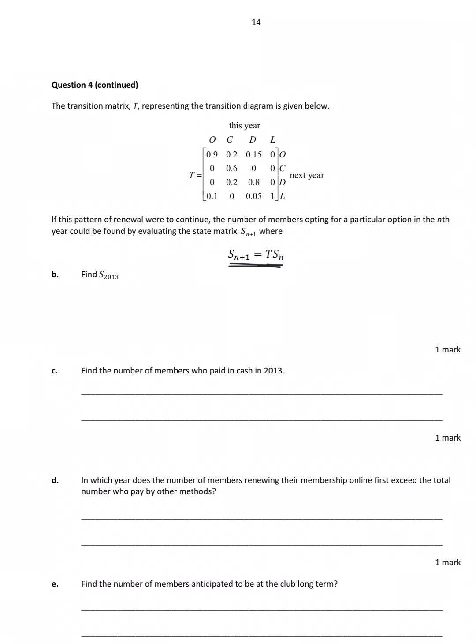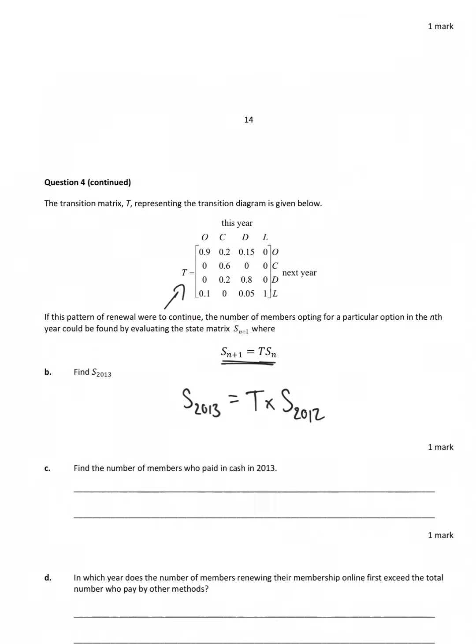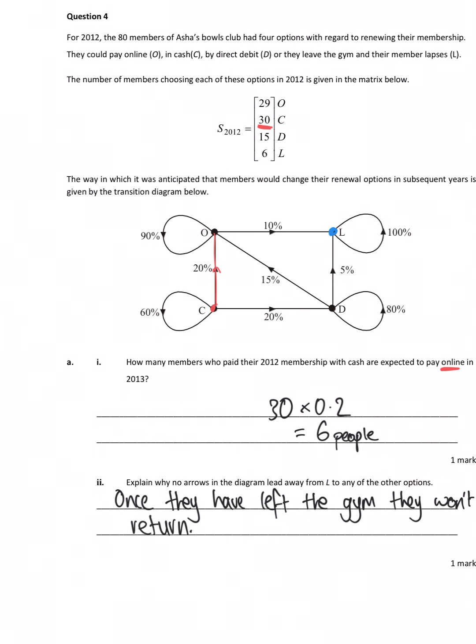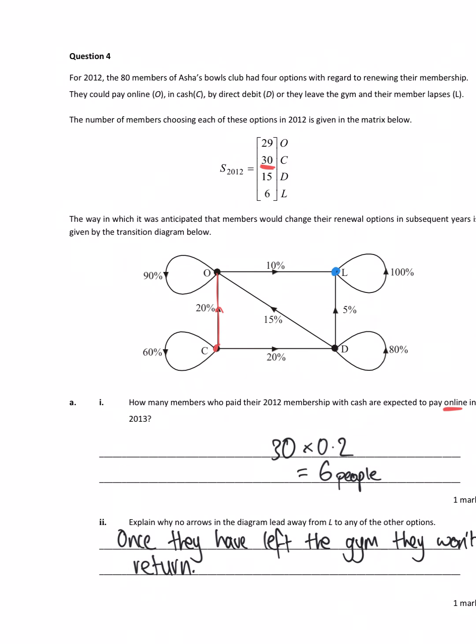Find S of 2013. To find S of 2013, we take our transition matrix times the year before, 2012. So we take this matrix and times it by our S of 2012 up here.